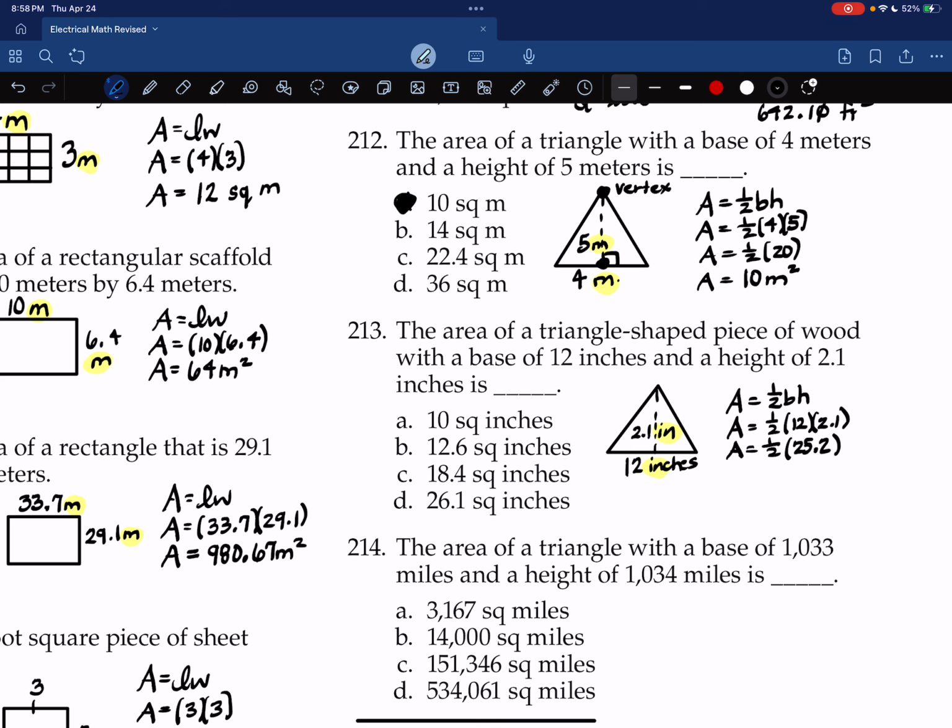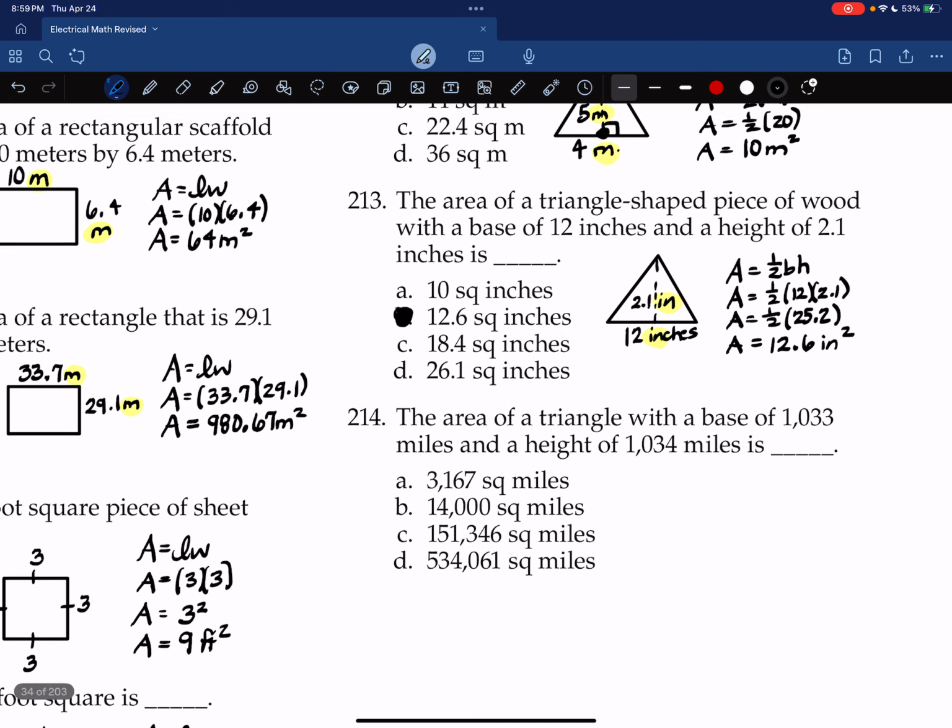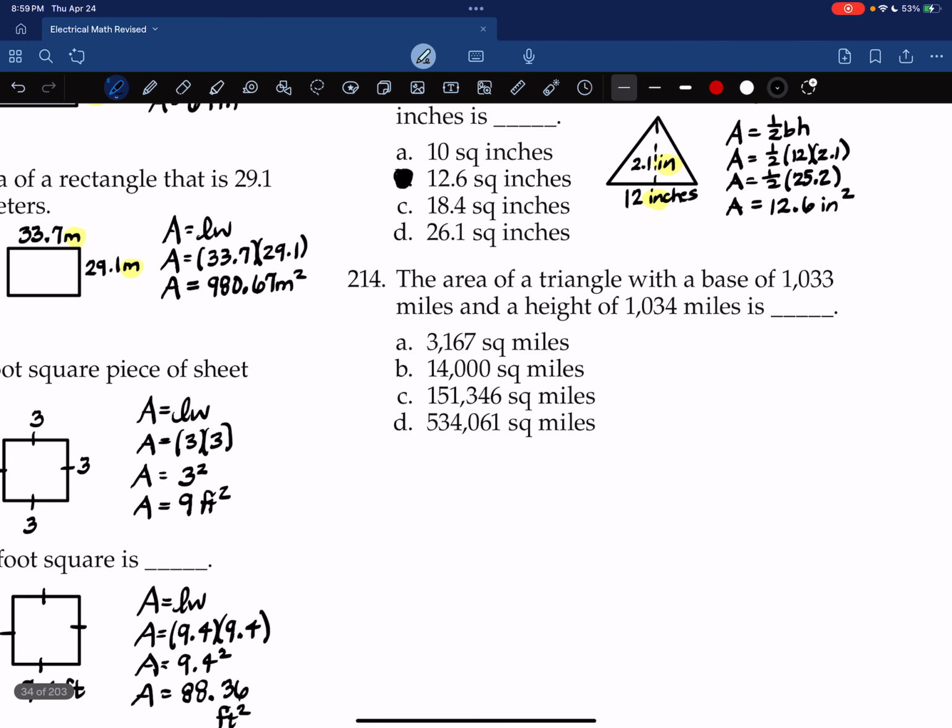And since I can't easily do that in my head, I'm just going to multiply by 0.5. And that is 12.6 square inches. It's hard to go wrong if you write your formula and follow it.